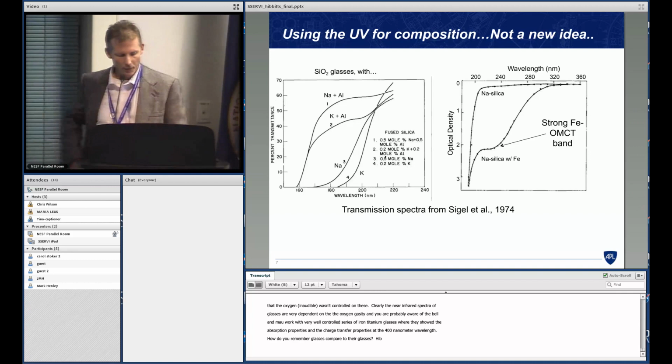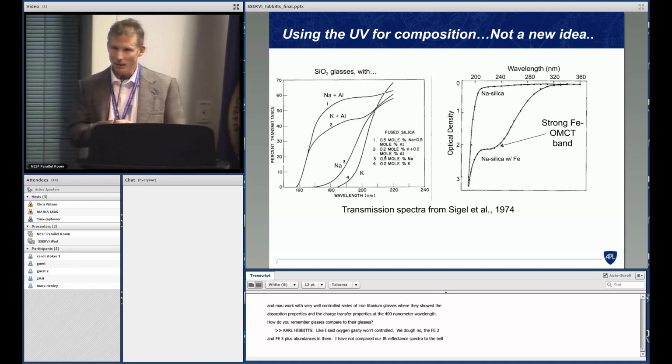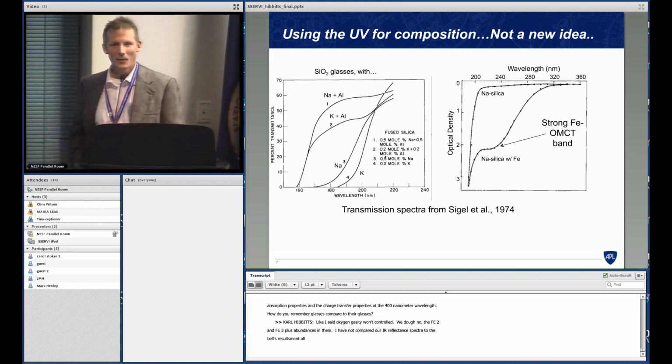Like I said, the oxygen fugacity wasn't controlled, so we do not know the Fe2+ and Fe3+ abundances in them. I have not compared our IR reflection spectra to Bell's results. Ironically, now that I look at our talk, all that work I did is not in here. But we do have reflection spectra of these glasses at those relevant wavelengths and could make those comparisons.